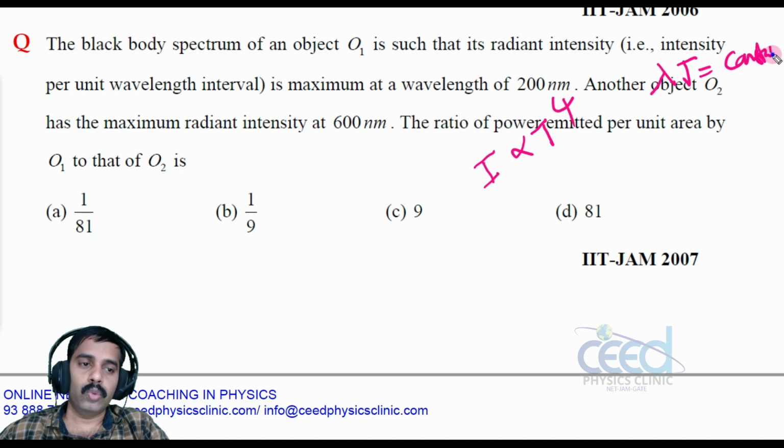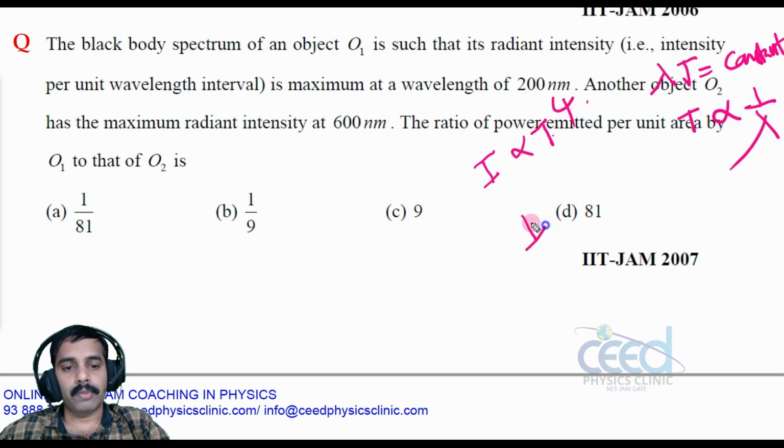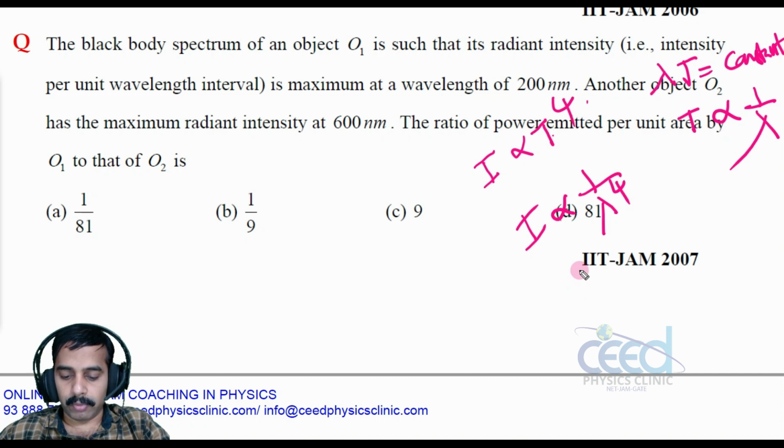These are the two laws regarding this black body, right? So here I can say T is proportional to 1 by lambda. So if I substitute, intensity is proportional to 1 by lambda raised to 4, right? Now we need to find I1 by I2, right?